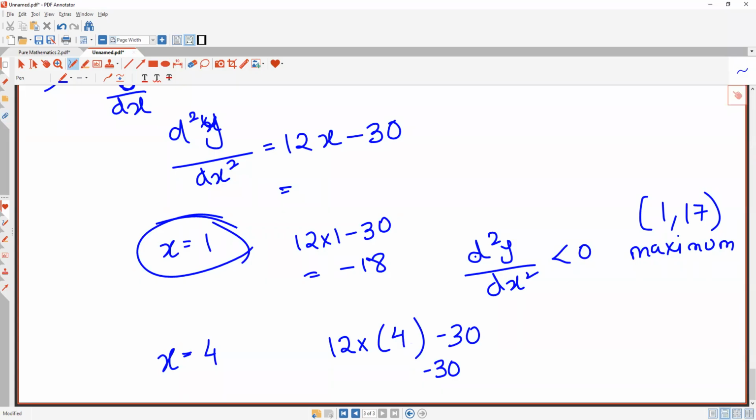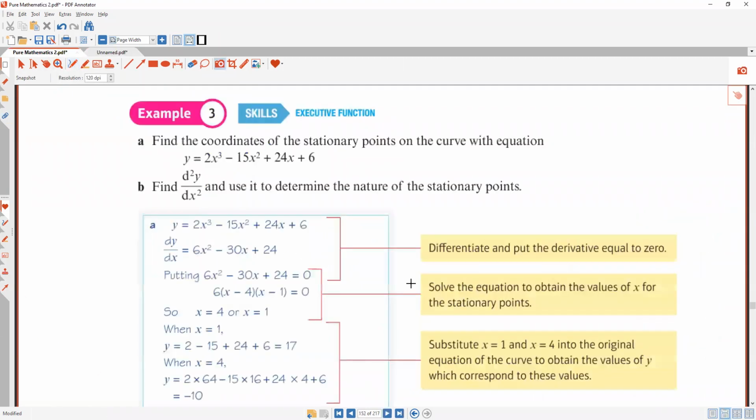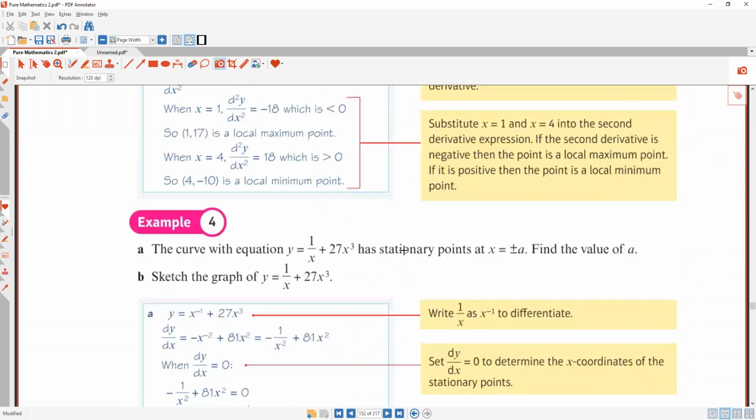Okay, yeah, that is 48. 48 minus 30 is 18. 18 is greater than 0. Therefore, it is minimum. What is minimum? 4 comma, what was it? Minus 10 was minimum. So this sum is done. So we got which one is maximum, and which one is minimum as well.